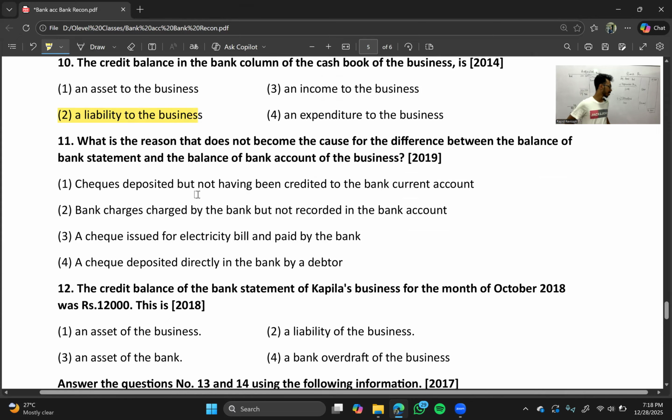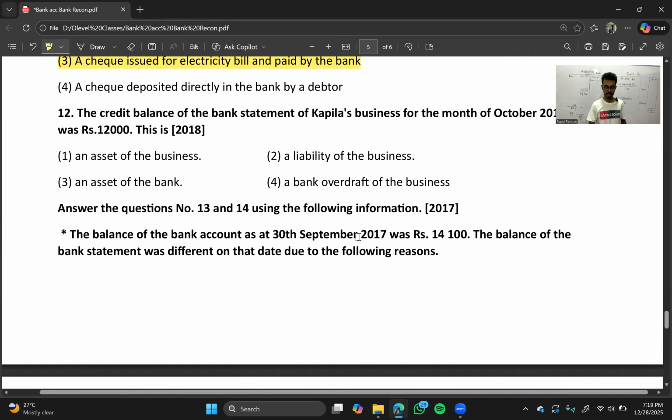It is not an unpresented check. It is a check that is completed. The electricity board has encashed that check as well. So that is why there is no difference between the bank account and the bank statement. So the answer would be the third one.